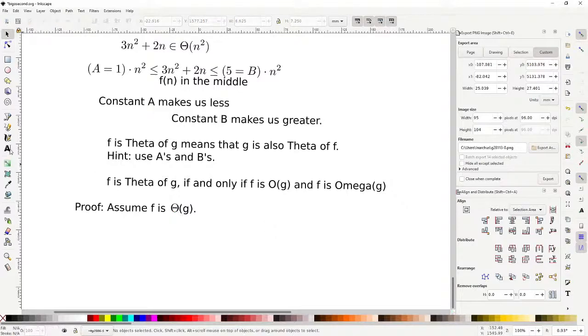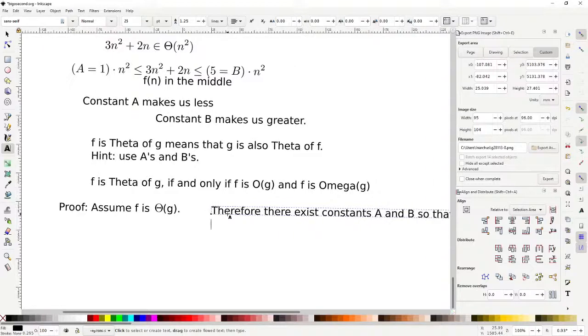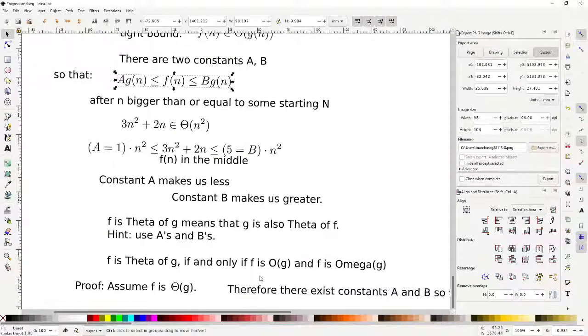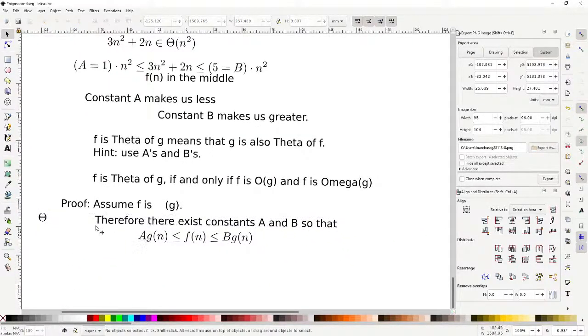Then what you say is, therefore, there exist constants a and b, so that the formula that I wrote down is true, right? So there exist constants a and b. Oops. See, that's the problem here. Got to stick this back here.